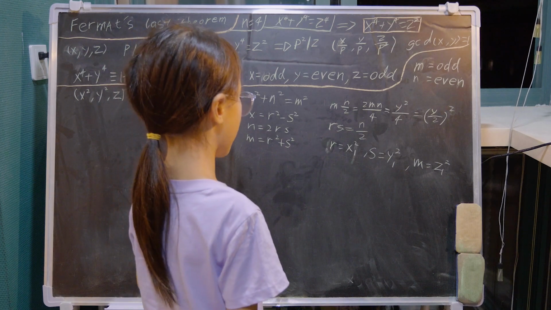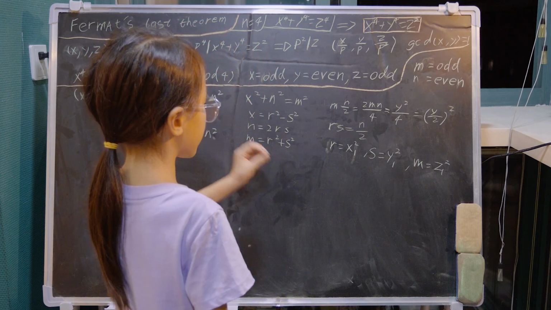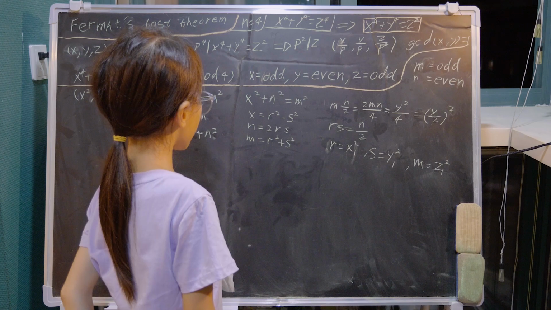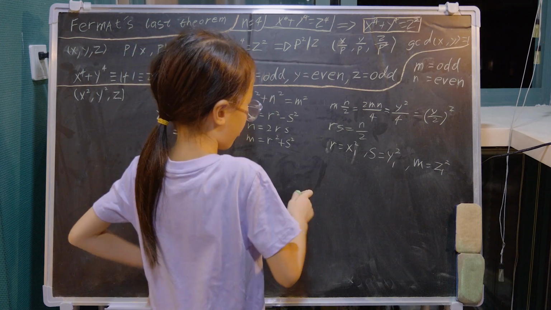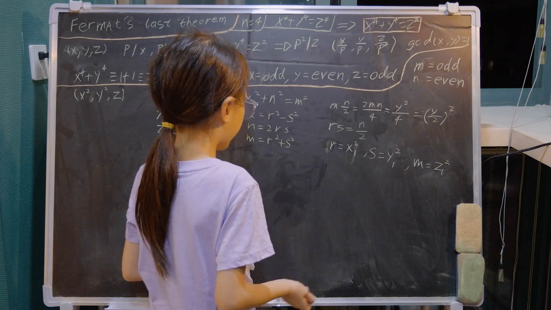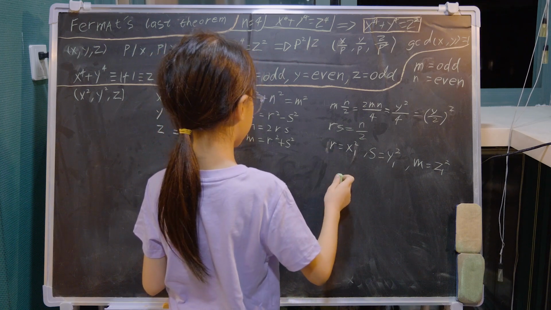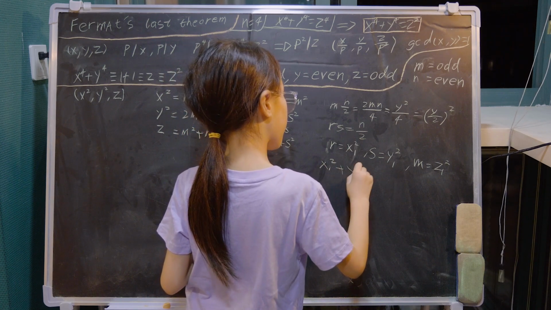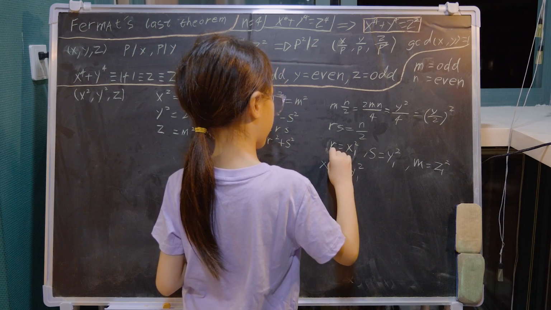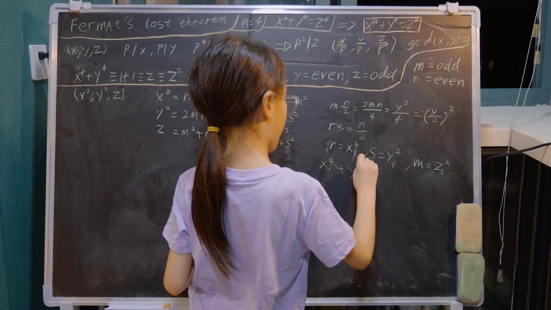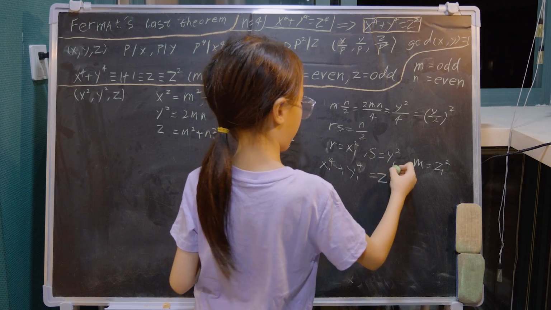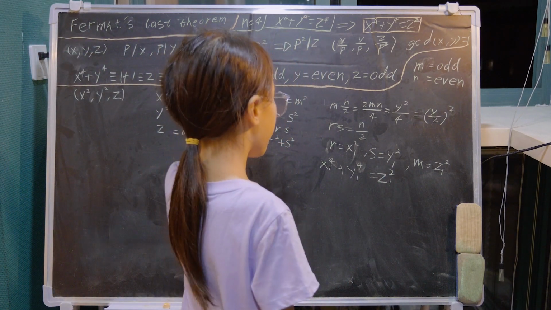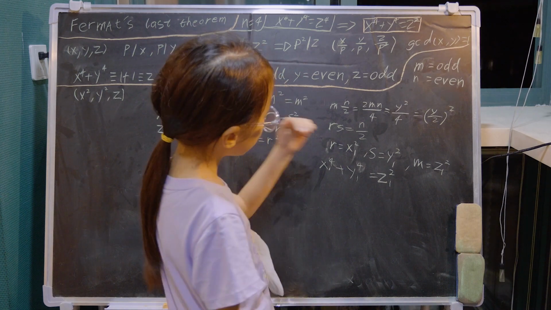So the last step, of course we are almost done in the first method. We can plug these in this last equation, so what we have is x1 to the 4th plus y1 to the 4th is equal to z1 squared.